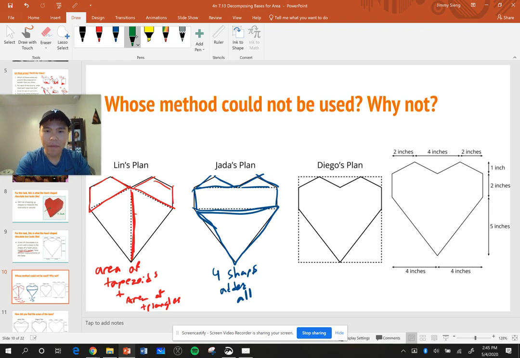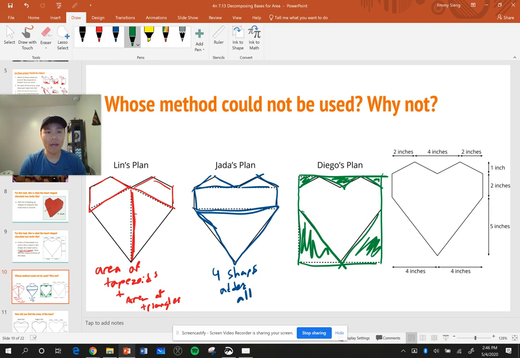It's a little bit reverse of what we think, right? Instead of filling inside the shape, we're going to look outside where we have this square or rectangle outside of it. And what Diego did was he found the area of those triangles, and then he subtracted it from the square.